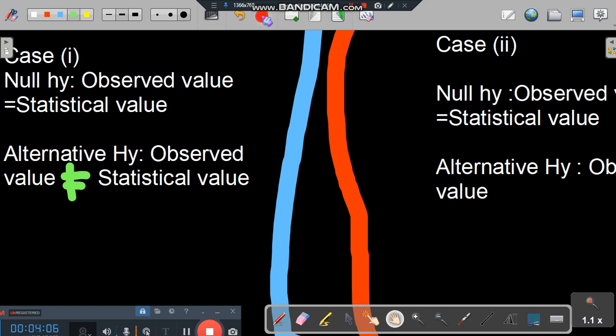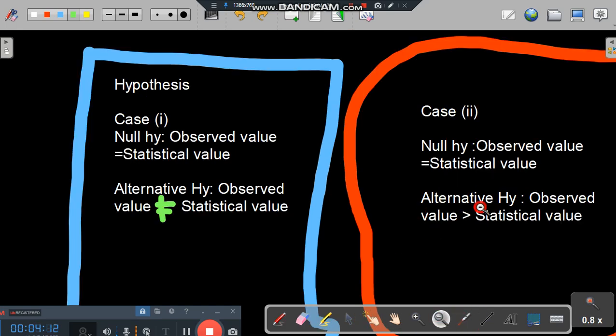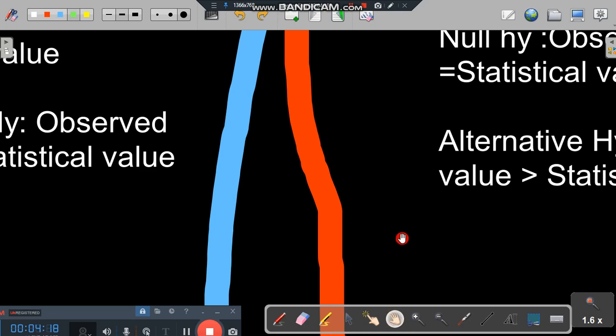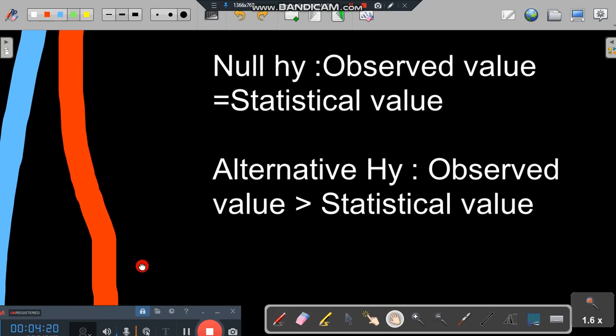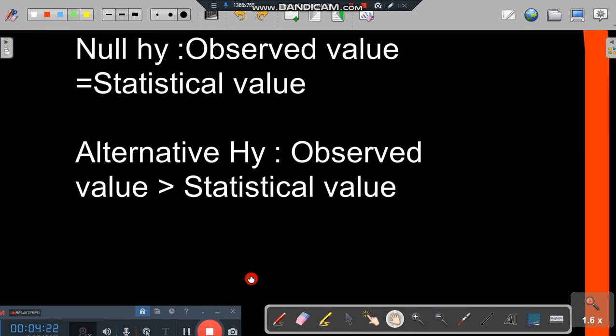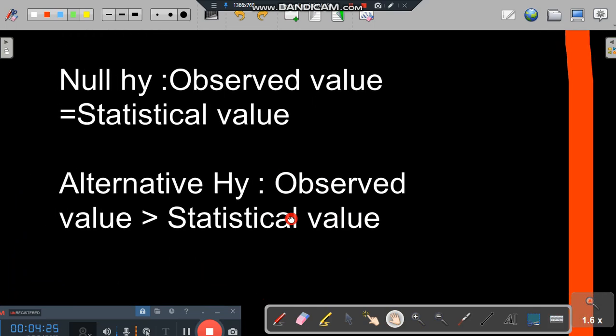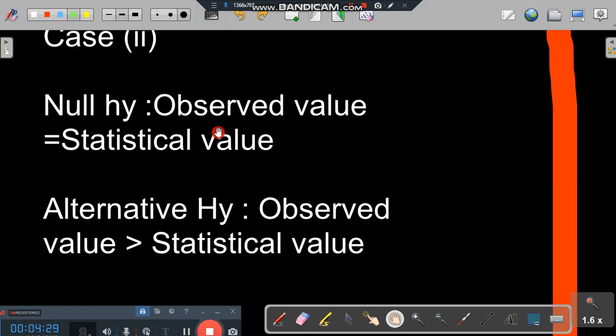Let us have a close look at that. Here in case 2, the null hypothesis is the same, observed value equals statistical value. But look at the alternative hypothesis.